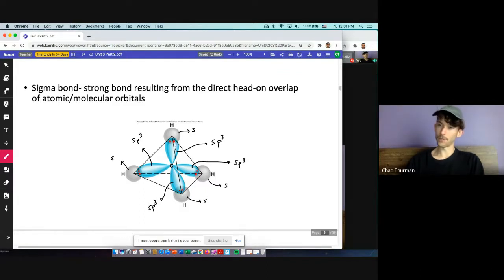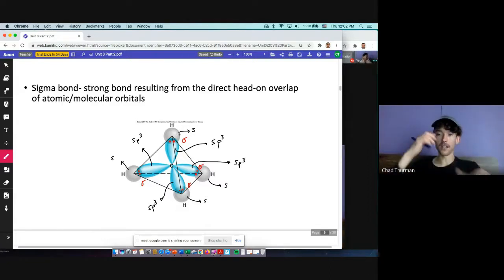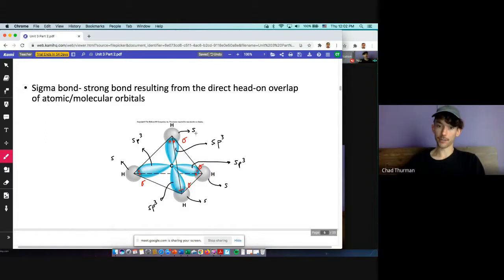So if you have this overlap of probability, those electrons are going to be found there. So you can see that that bond is a sigma bond. Sigma, sigma, sigma, sigma. That is formed from the direct head-on overlapping of the sp3 orbital for carbon and the s orbital for hydrogen. They just overlap each other, and that's a sigma bond.